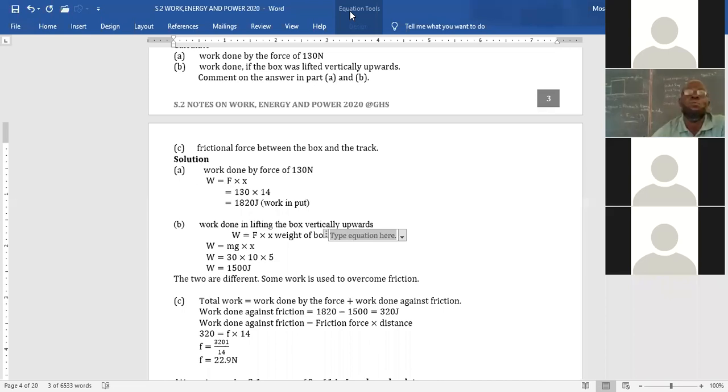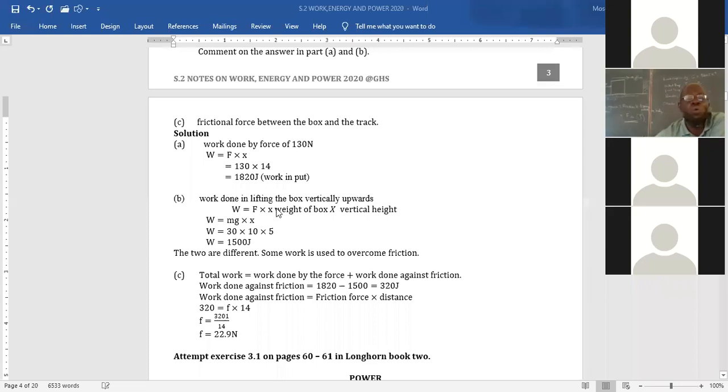What I wanted to put there was the weight of the box times the vertical height. So we get the work done as equal to the weight of the box times the vertical height.